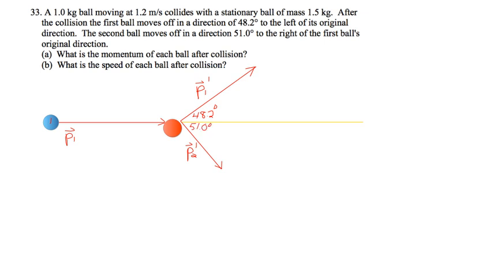I used to have students also take this vector and break it into components: draw an arrow to there, which would be the x component of P1 after collision, and then draw an arrow up, which would be the y component of P1 after collision.